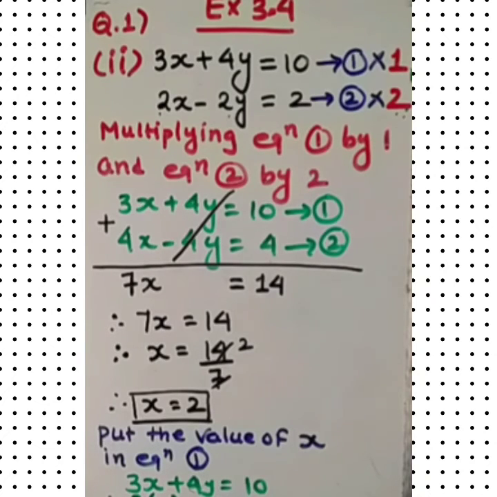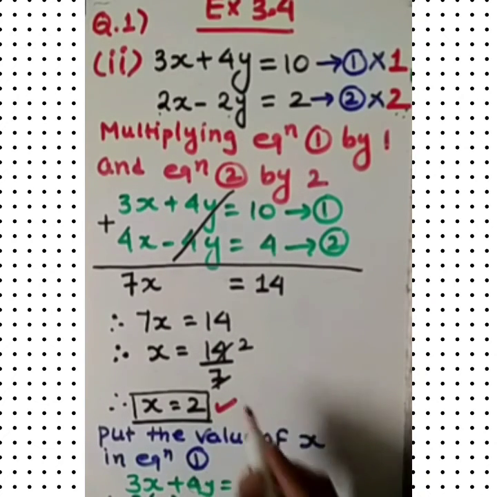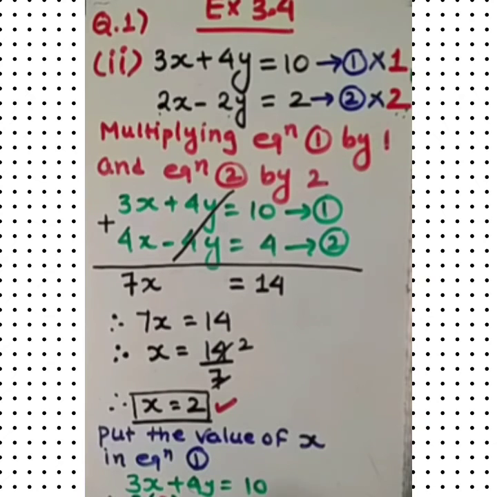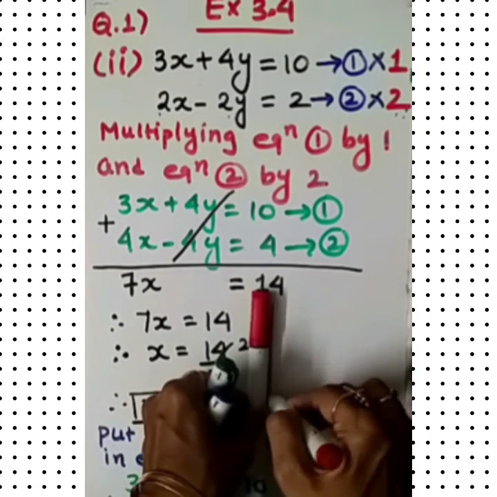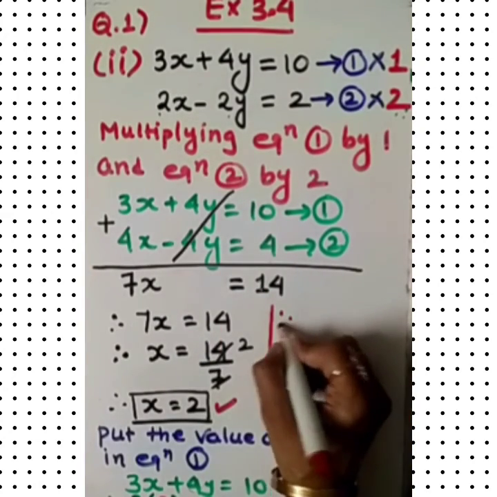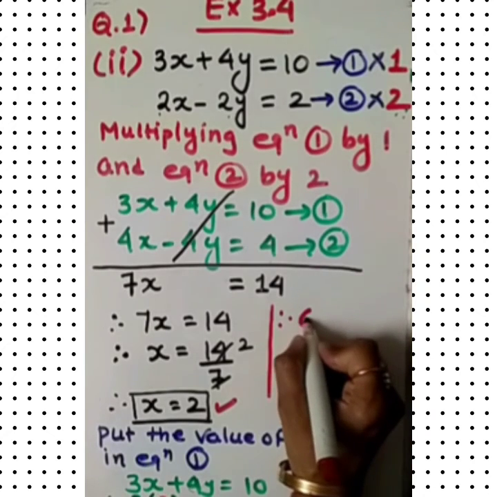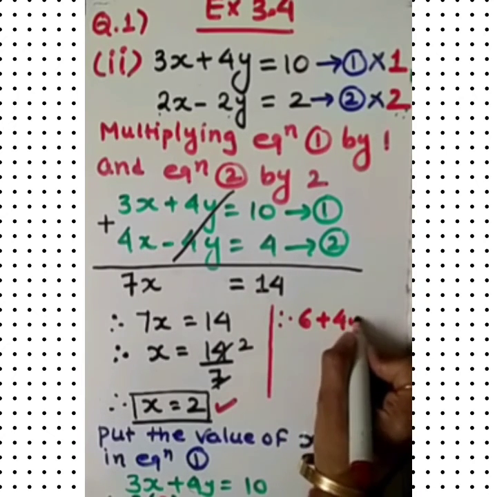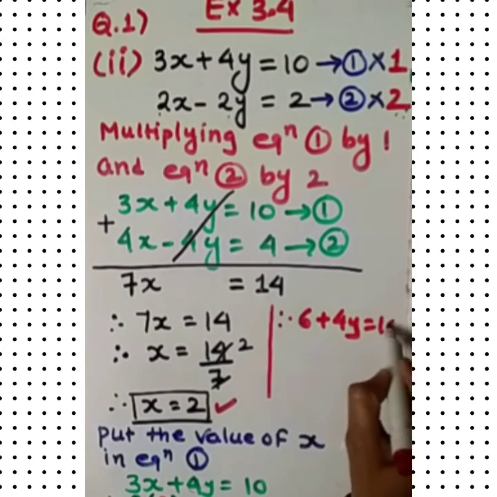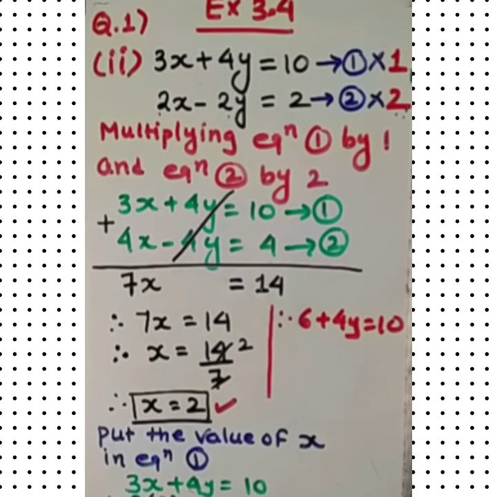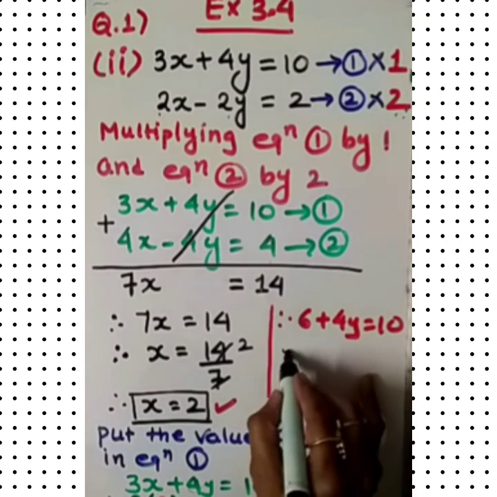What is the value of x? Here we already got that, it is 2. So I am writing it here. 3 times 2, I am doing the rest of the work here. 3 times 2 is 6. Therefore 3 times 2 is 6, plus 4y equal to 10. Clear? So next step, I have to bring this 6 to that side by transposing.